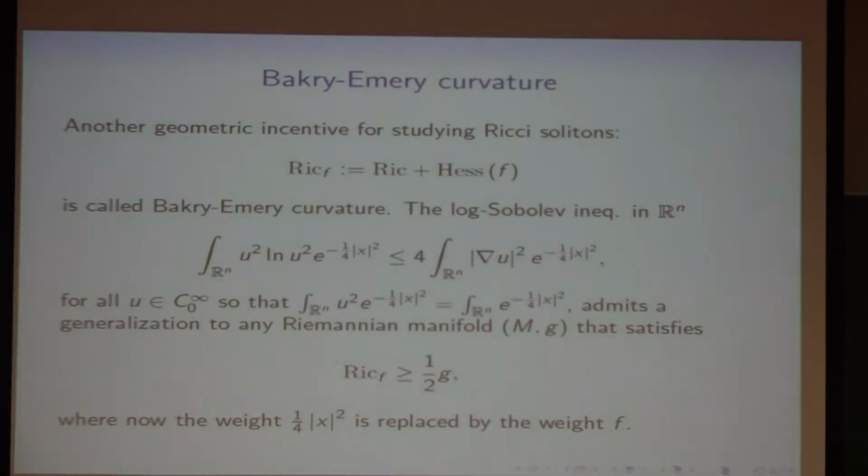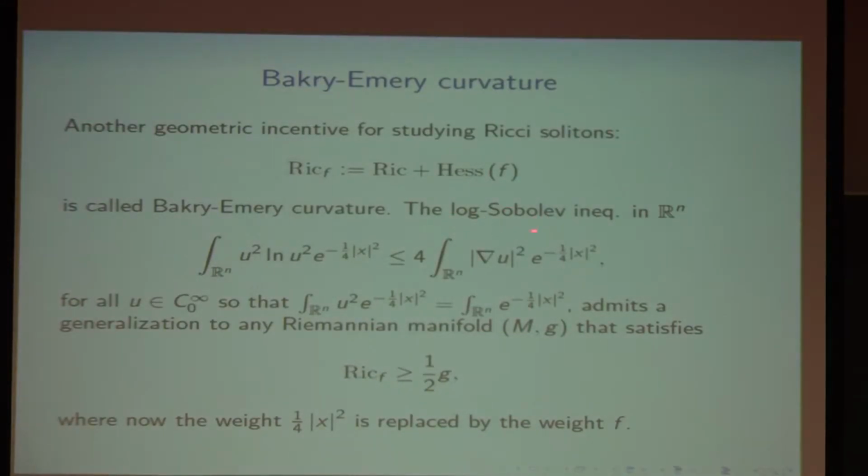Just as an aside, there's another important reason, going back maybe 30 years or more, for studying Ricci solitons. It is related to the Ricci F tensor that Detang talked about earlier. Originally, Bakry and Émery introduced this tensor, Ricci F, to prove a log Sobolev inequality.